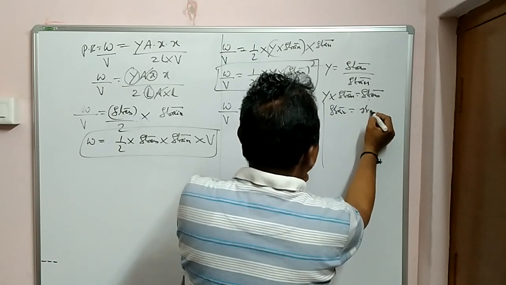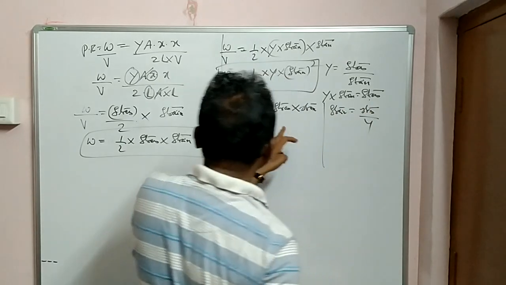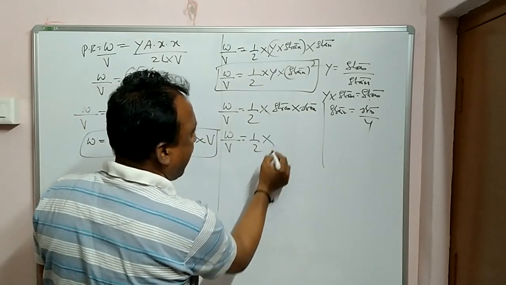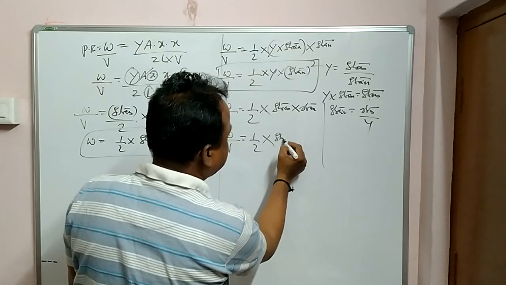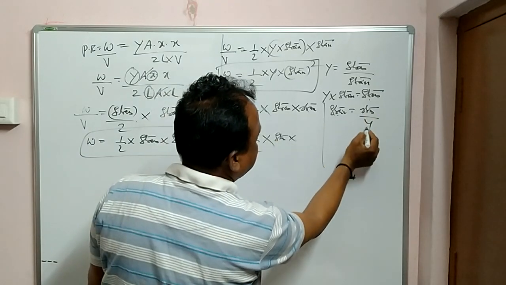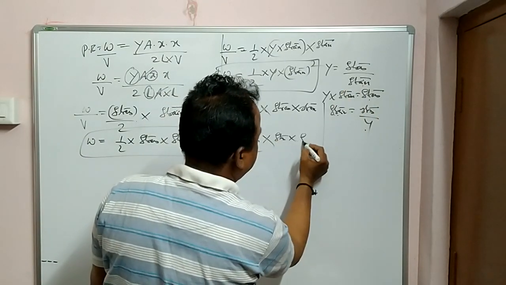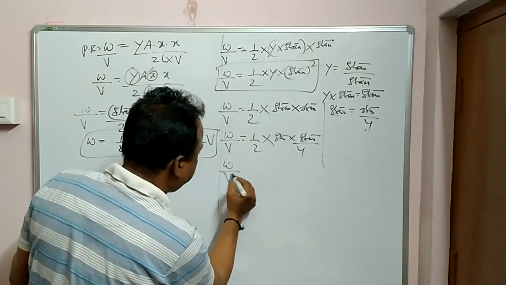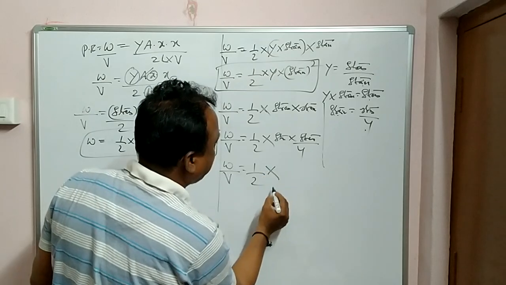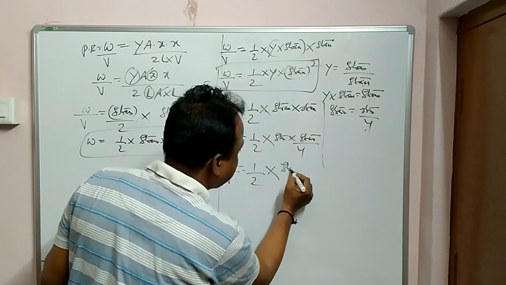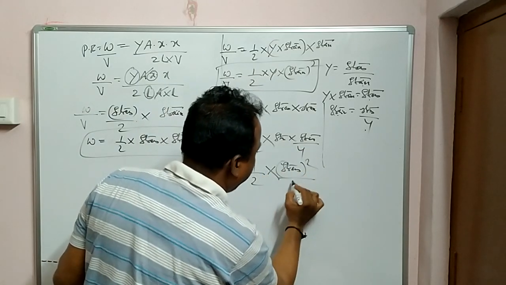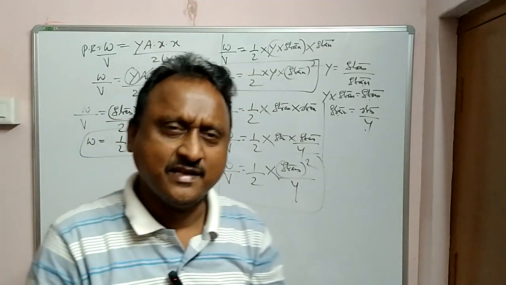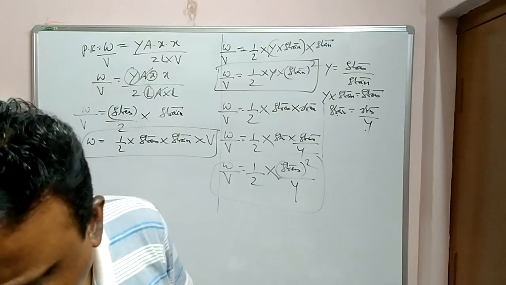Strain is equal to stress by Y. Now I can write the equation: work done per unit volume is equal to half into stress, and strain is stress by Y. So the equation goes like this: work done per unit volume is equal to 1 by 2 into stress into stress, stress square by Y. So various formulas you can change depending upon the requirement.